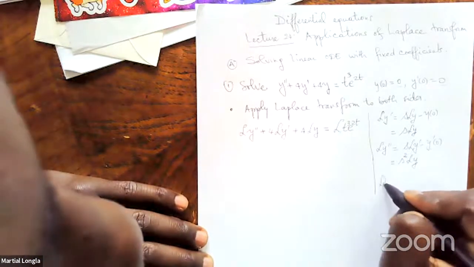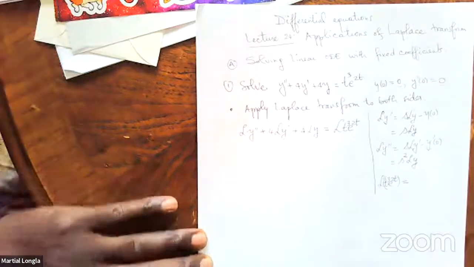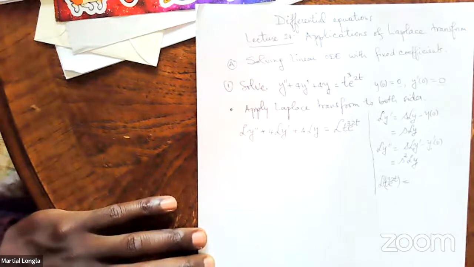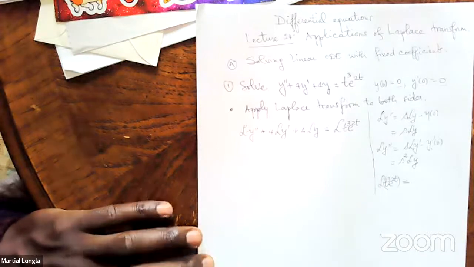Laplace transform of t cubed e to the 2t, tell me how you get this one. Anyone to tell me what's the Laplace transform of t cubed e to the 2t?